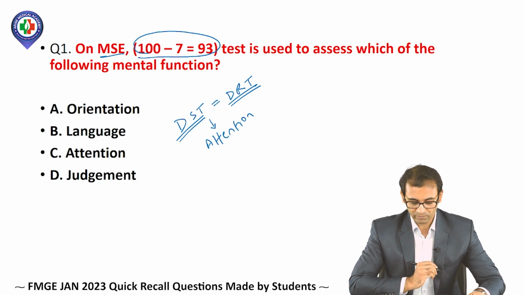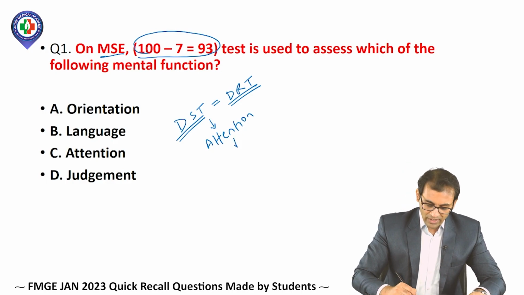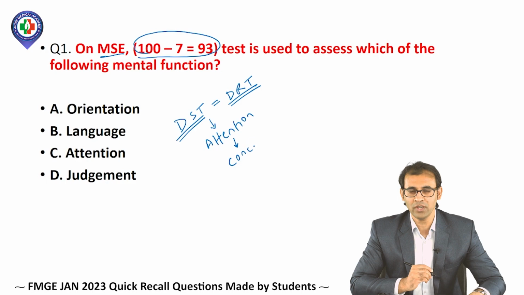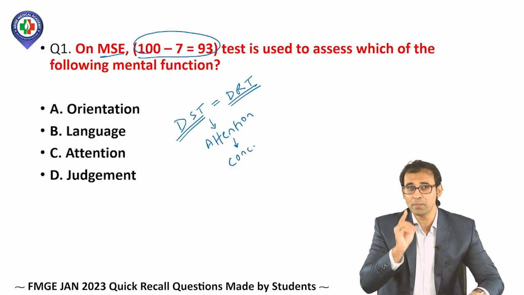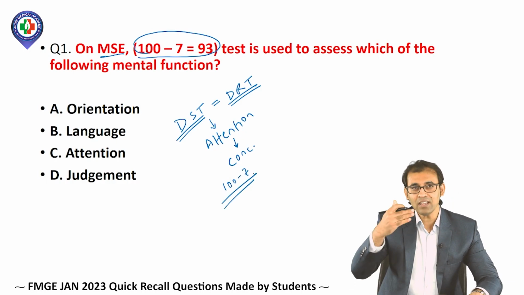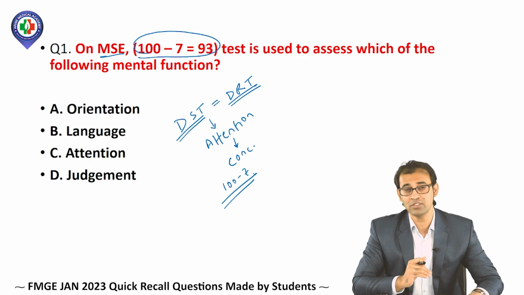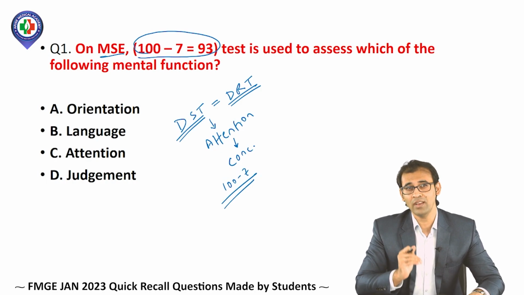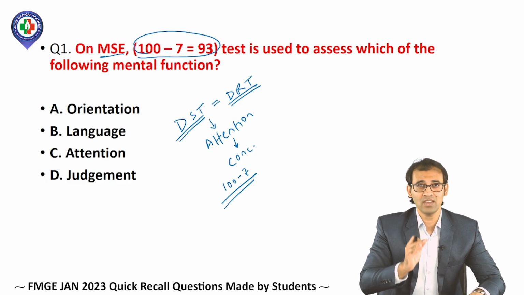All right. Now, a higher level of attention is called concentration. Now I'm asking my patient to subtract 7 from 100. After that, he is supposed to count down through certain digits like 93, 86, 79, 72, 65.